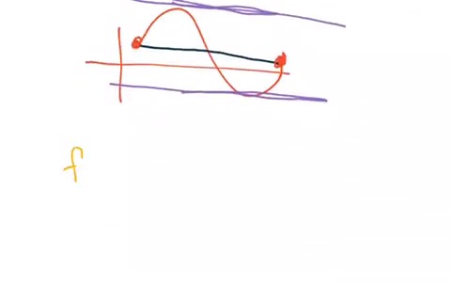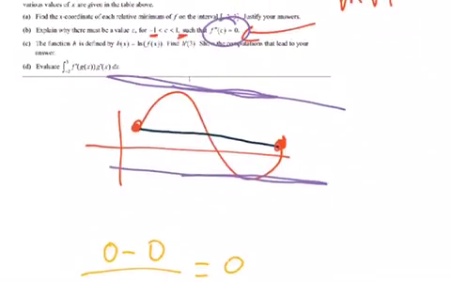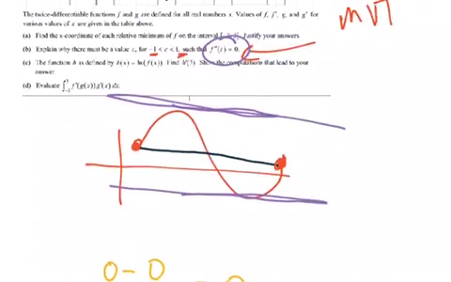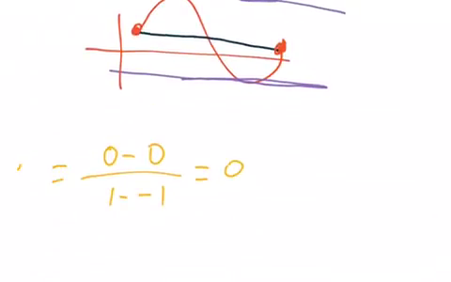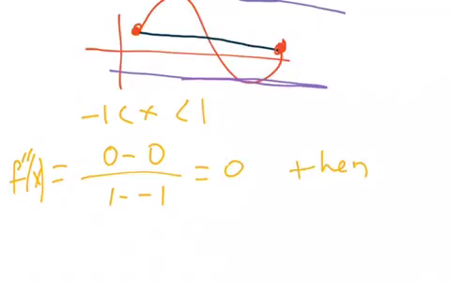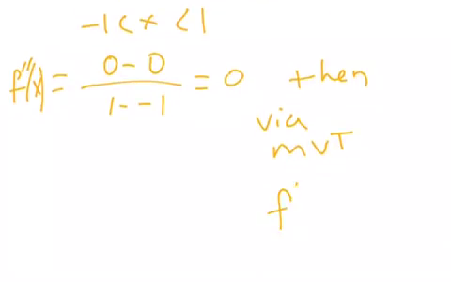So we would have 0 minus 0 over 1 minus -1, which is clearly 0. So because the slope of f prime from -1 to 1 is 0, then via the mean value theorem, f double prime of c would be 0.